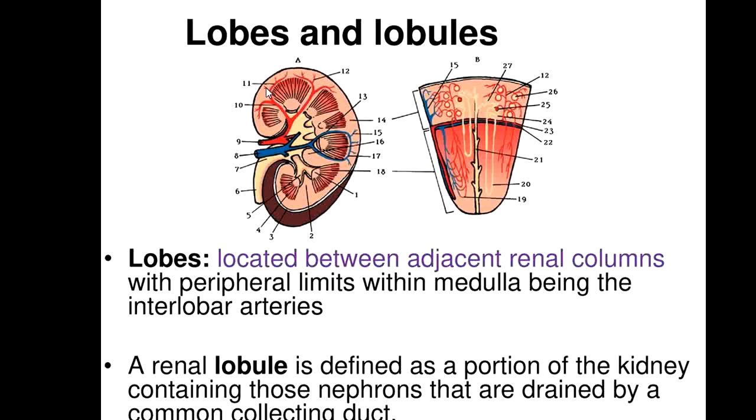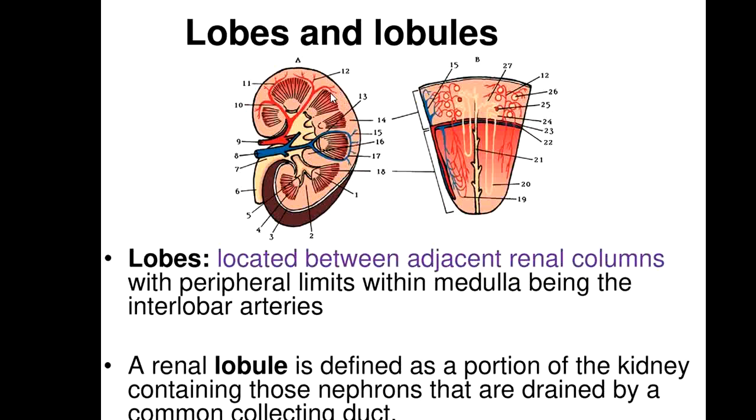This lobe represents the area which comprises one renal pyramid, a small portion of renal cortex, and a small portion of what? Renal column.